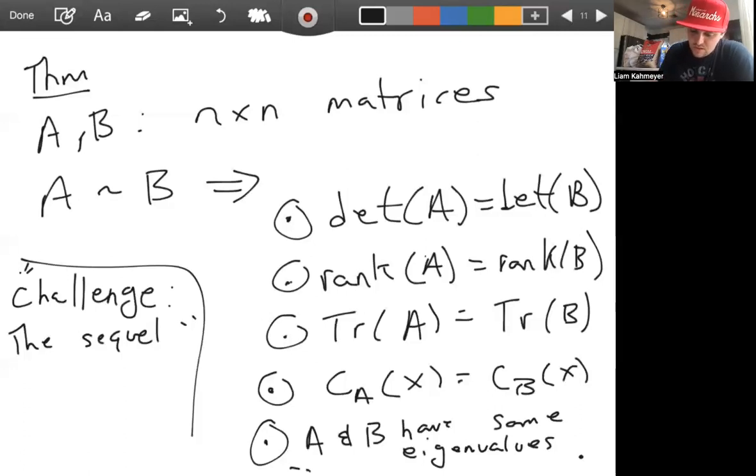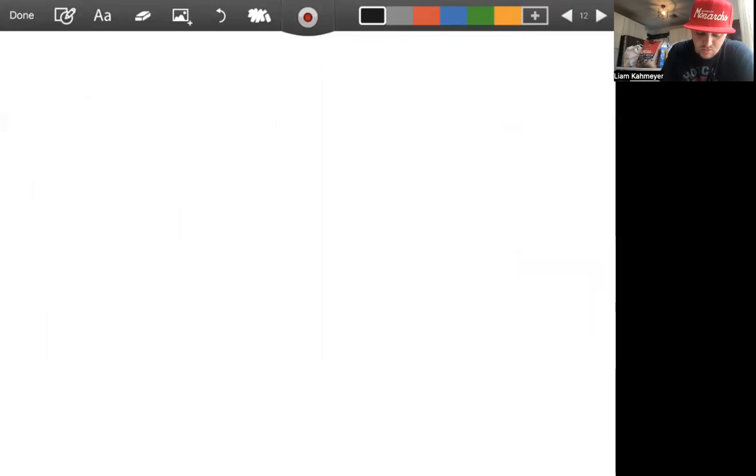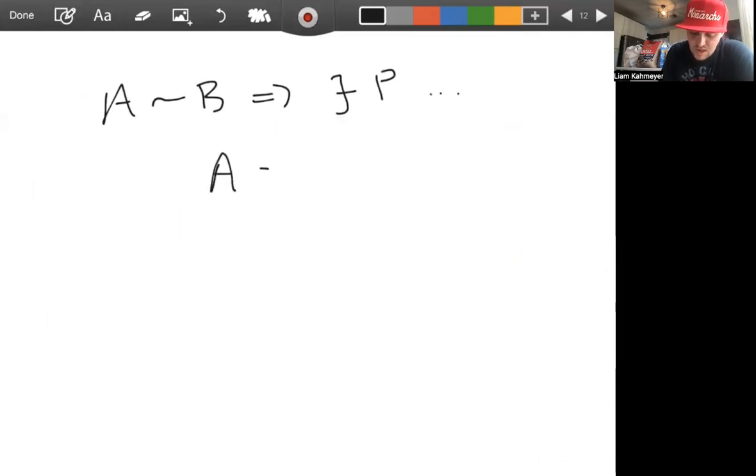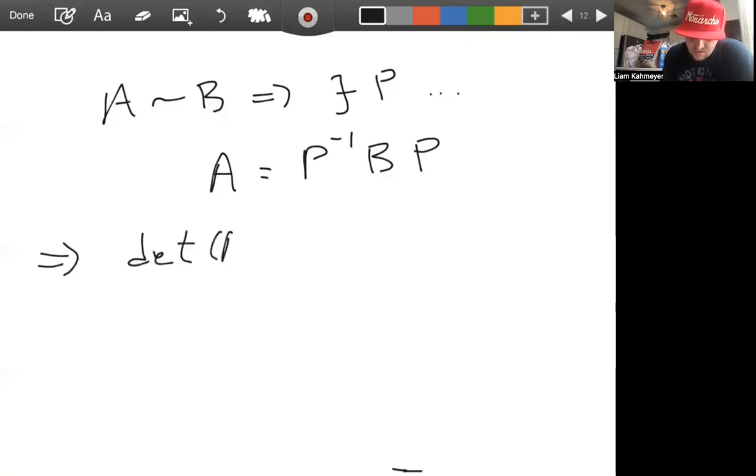To give you a hint, you would start with A similar to B. That implies there exists an invertible matrix P such that A equals P inverse B P. And then to show that the determinant of A is equal to the determinant of B, what would you need to do? Well, you would need to take the determinant of both sides of this equality. If A is the same as this product, that implies the determinant is the same.